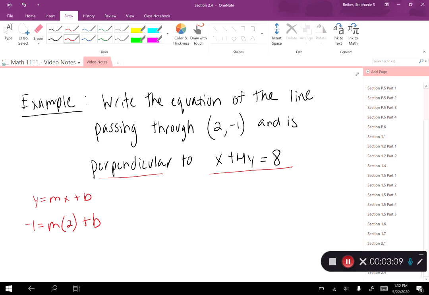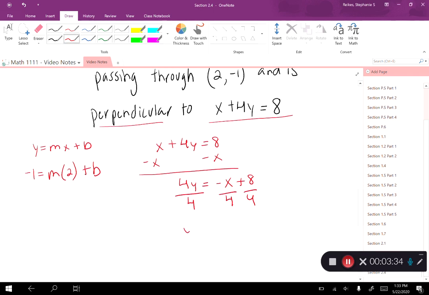So let's solve this equation for y. So let me write it out again. x + 4y = 8. Let's subtract x to the other side. And I get 4y = -x + 8. Divide everything by 4. And let me scroll up for some more space.